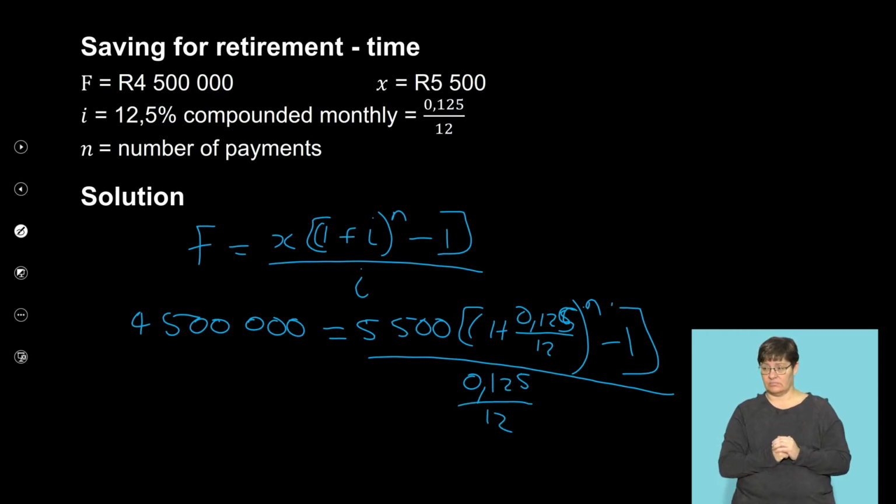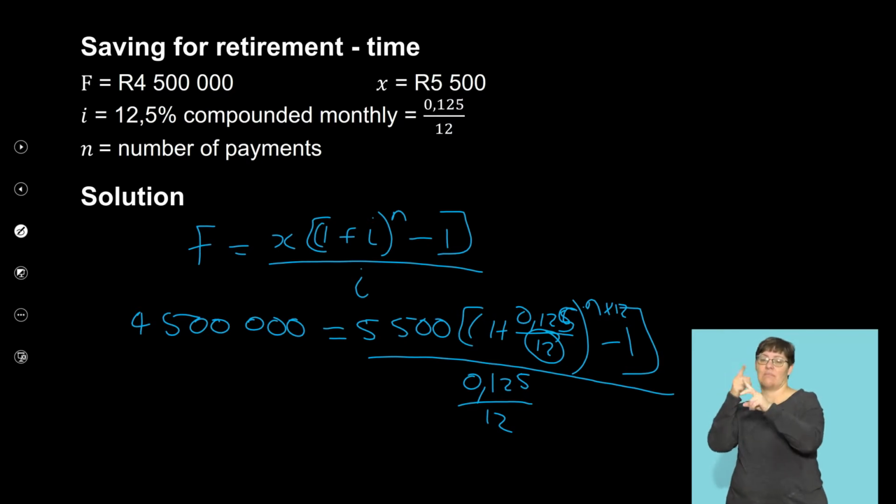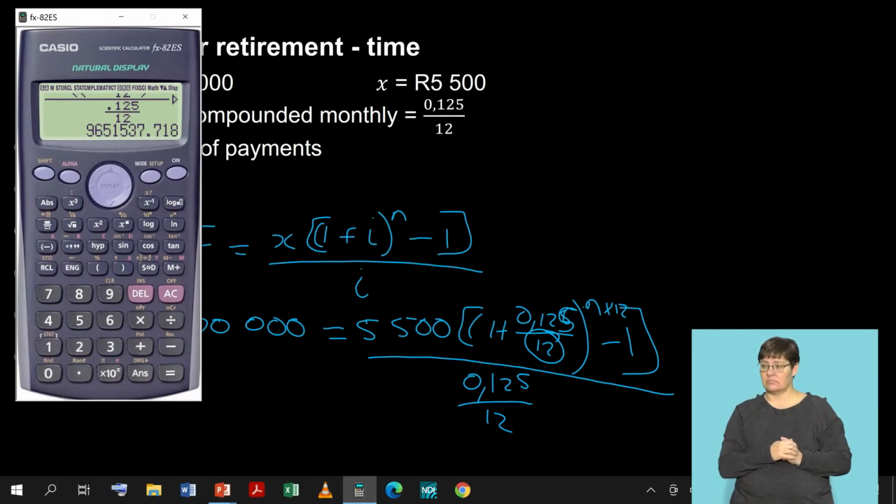By the way, the n here, I must just multiply it by 12, because if I divide this by 12, then the n must also be multiplied by 12. Now, back to our calculator. This is what I will have. I will just work out almost everything here.